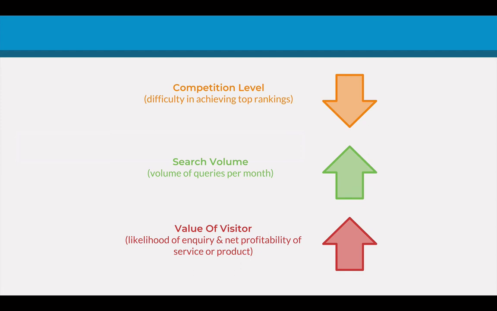They could be looking anywhere in the country, and therefore it may not necessarily be a good idea to go after that search term because it's going to be quite high competition and quite a high search volume, and the prospect who comes via that search term may not even be in the location that you serve, and therefore you cannot serve them. So the value of the visitor is really about putting yourself in the shoes of the person who's done the search and thinking about what they are actually looking for and how that matches up with your business and the services you offer.